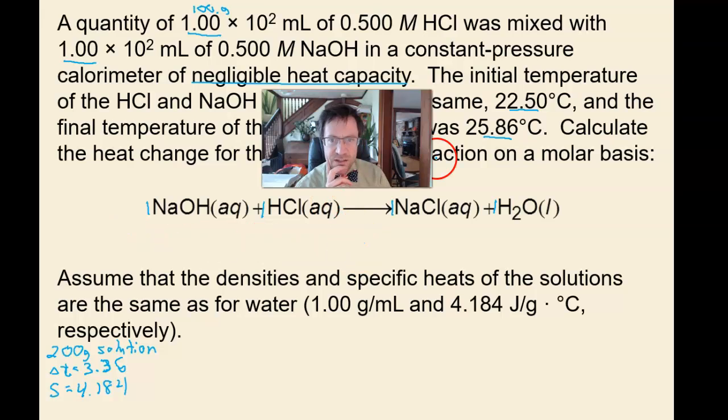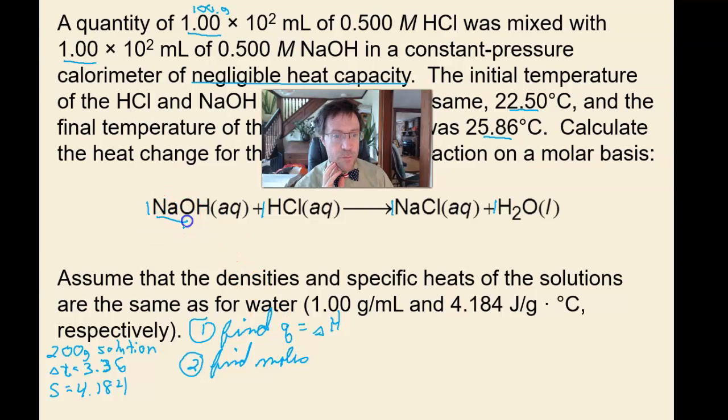Calculate the heat change for the neutralization reaction per mole. So step 1 is I'm going to find Q, which is going to be my delta H, the change in heat for this particular reaction. Step 2, I'm going to find moles.